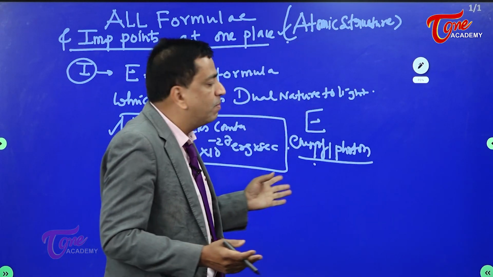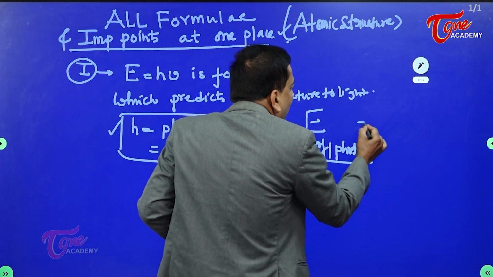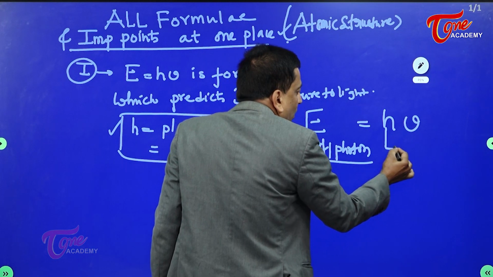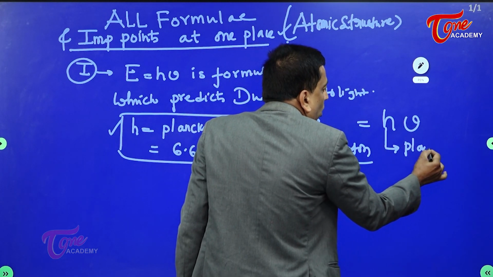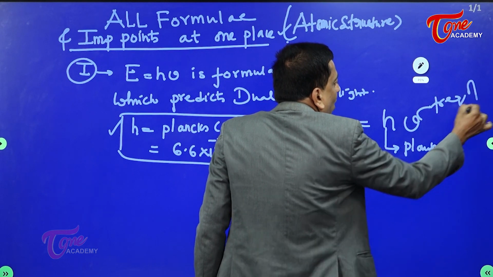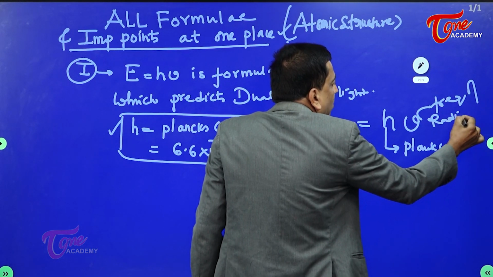Then use this equation, because the energy of one photon is h nu, where h is Planck's constant and nu is the frequency of the radiation incident on it.